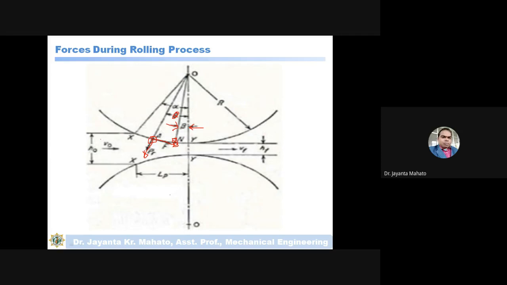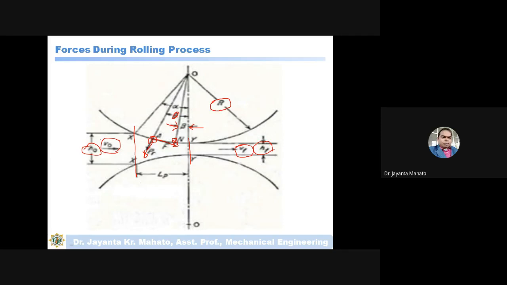And h naught is the initial thickness, and v naught is the initial velocity, before entering between the two rollers. vf is the velocity after exit from the two rollers, hf is the final thickness of the material, and R is the radius of the roller.